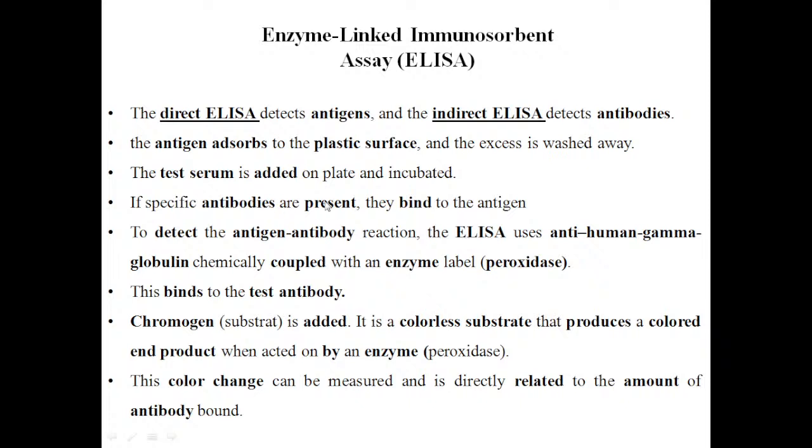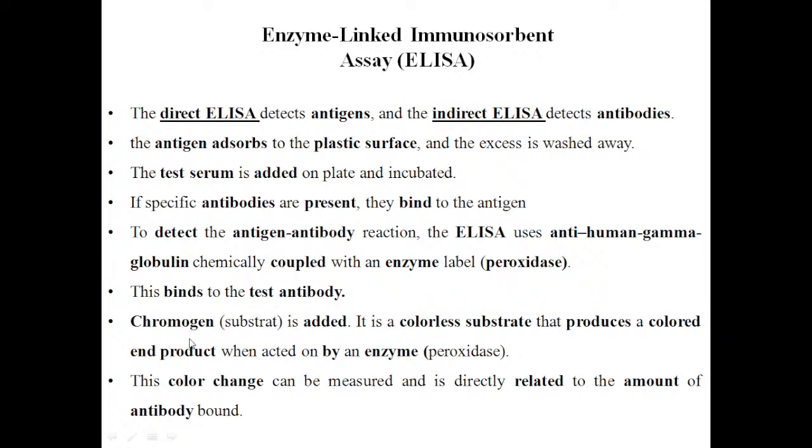Once more, when antibodies and antigens are bound to each other on a plastic plate, we can't see their complex. We should add anti-human gamma globulin that consists of antibodies against human antibodies that is labeled with enzyme peroxidase. They bind to human antibodies.